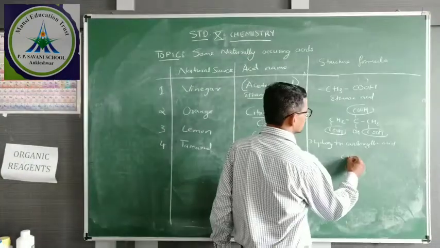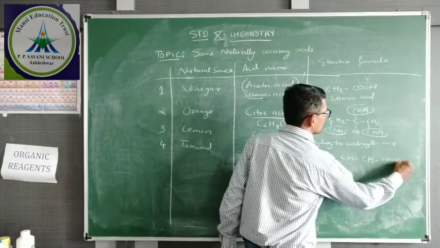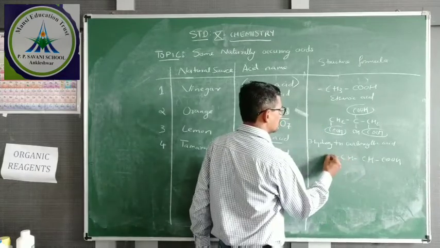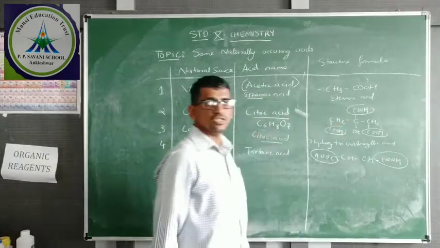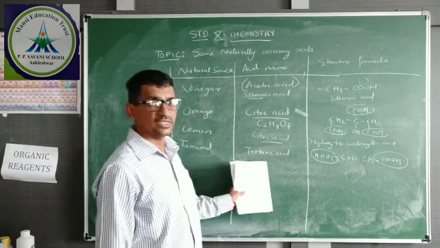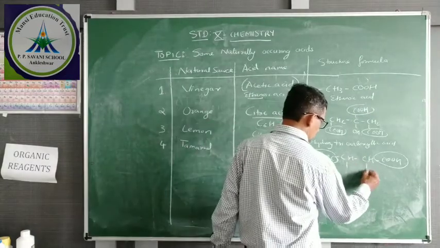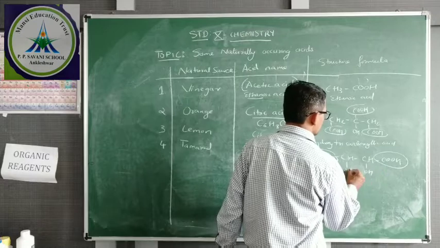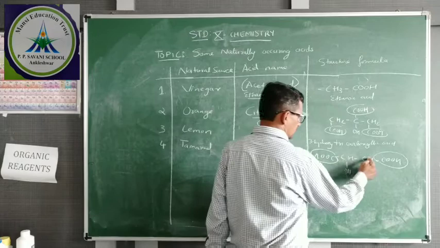Its structure is, okay, 2 COOH groups are there. So tartaric acid has 2 COOH groups and hydroxyl groups, OH. 4 carbon you can see, first, second, third and fourth.